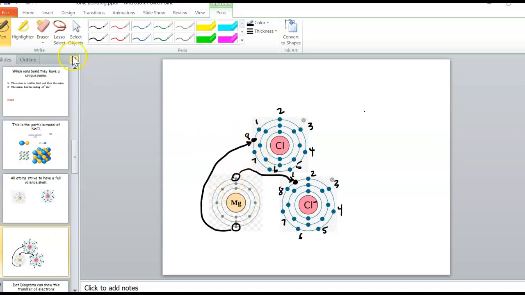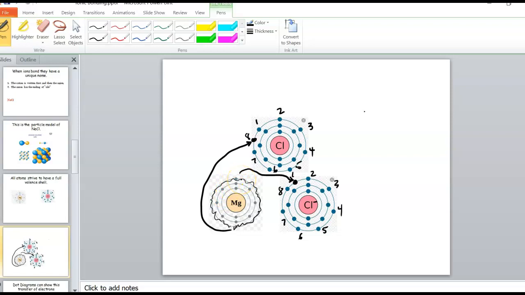And then just as a reminder, remember that these electrons are no longer there, that this shell has now completely disappeared, and we now have a magnesium that has a full valence shell, being that second shell.